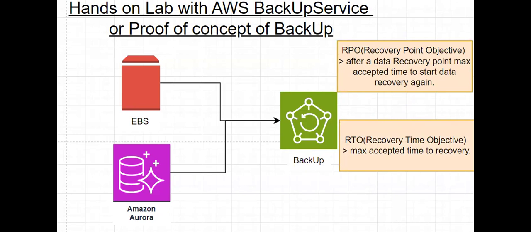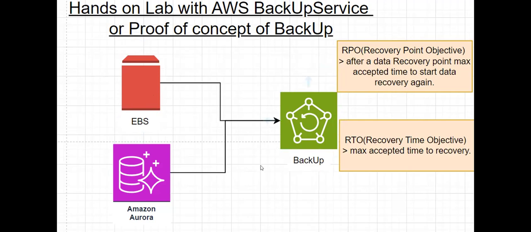So let's say I do not have any preferences for this RPO as well as this RTO. I just want to back up my services, that is storage as well as my database, at this moment, instantly.